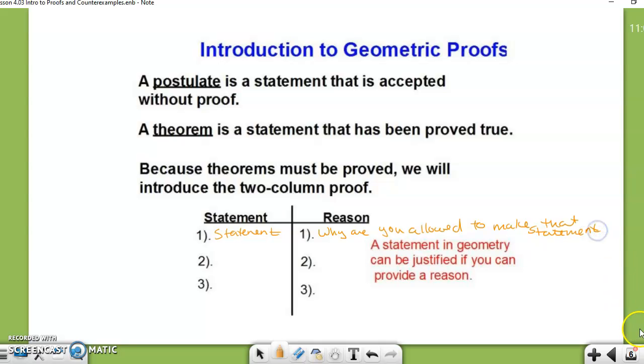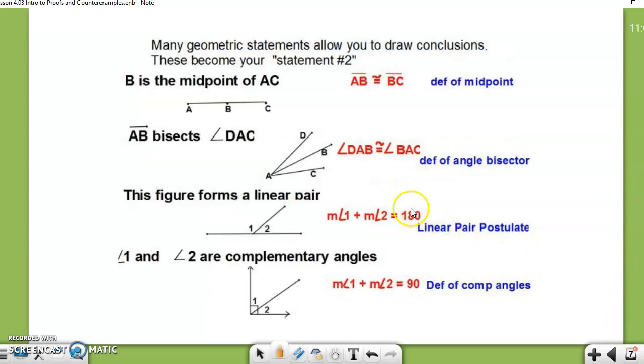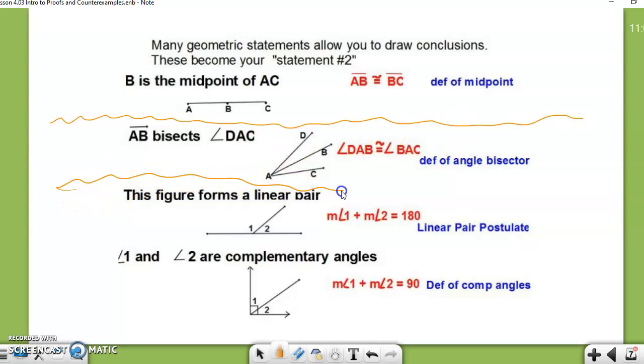Kind of like court. Okay, here's a bunch of different things that you're going to be using in your proofs. I'm going to kind of section them off for you.